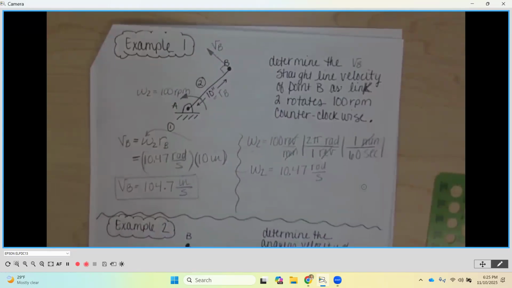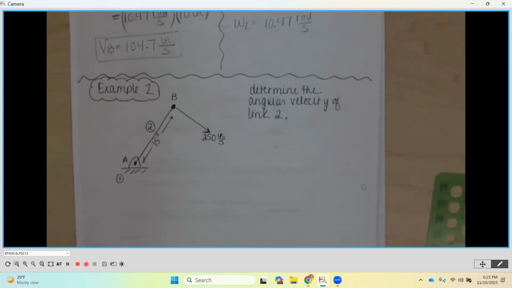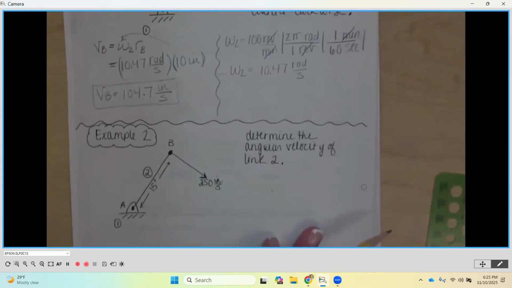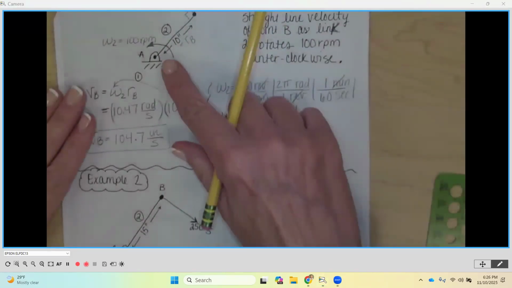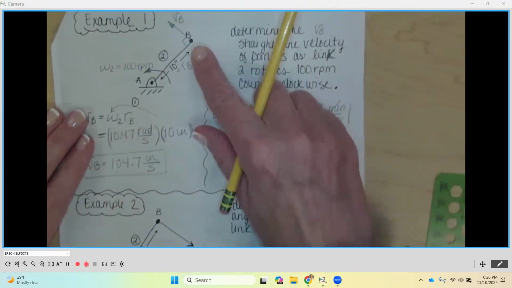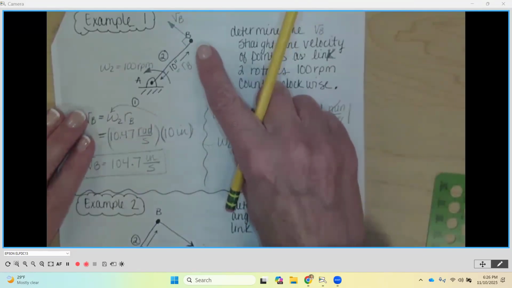Okay. Example number 2. Can I call it R2 instead of RB for link 2? No, Tim, good question. Yes, in this case, this is the length of link number 2, but we are going to point B, and point B is at the end.